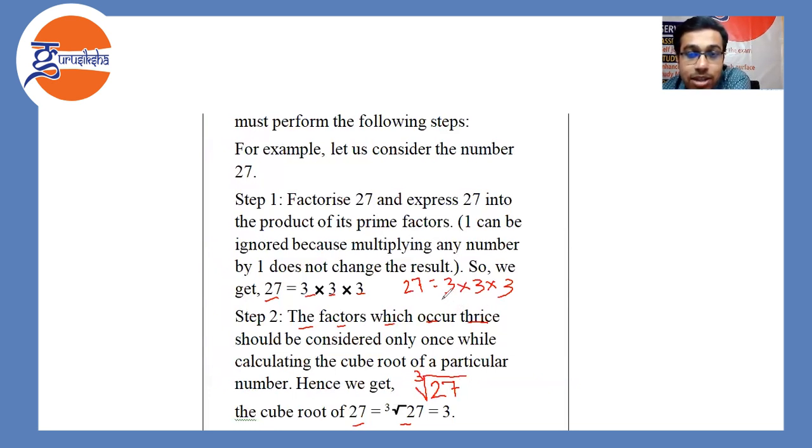First, we find the prime factors of 27 and express 27 as the product of its prime factors. Then the factors which occur thrice should be considered only once. That means 3 is a prime factor and occurred thrice here. As you can see, 3 is 3 times here, so we will consider it only once. So the cube root of 27 is 3.